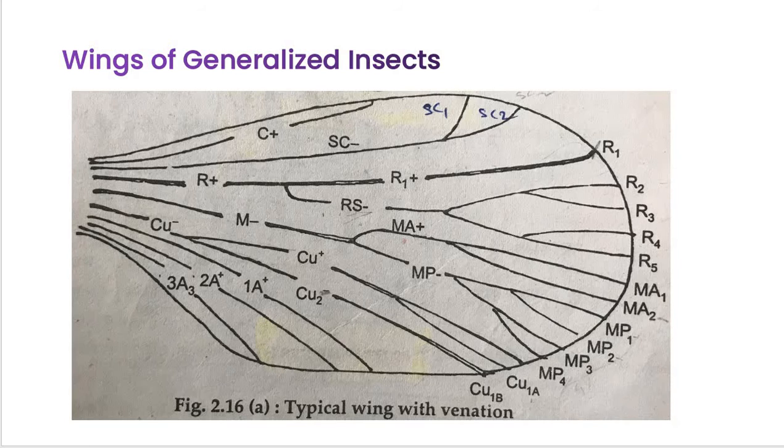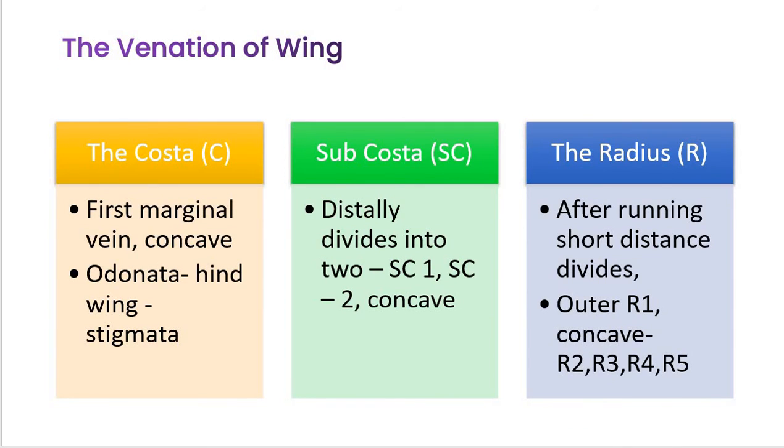Now the third vein of the wing is the radius, again designated as R. The radius starts from the anterior end of the second axillary sclerite at the base of the wing and represents the third vein of the wing.